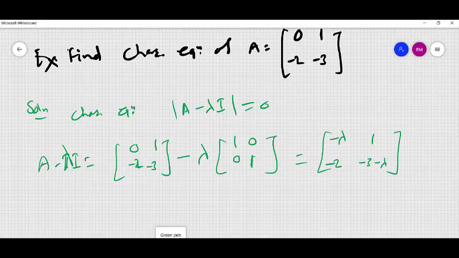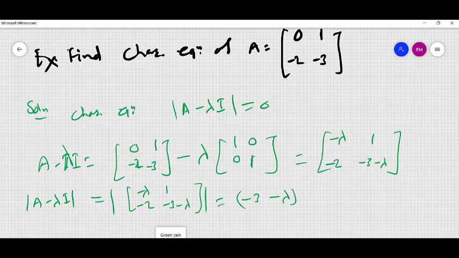So if you solve this, take the determinant of A minus lambda I. The determinant of [-lambda 1; -2 -3-lambda] is given by (-3 minus lambda) into (minus lambda), minus minus becomes plus 2.